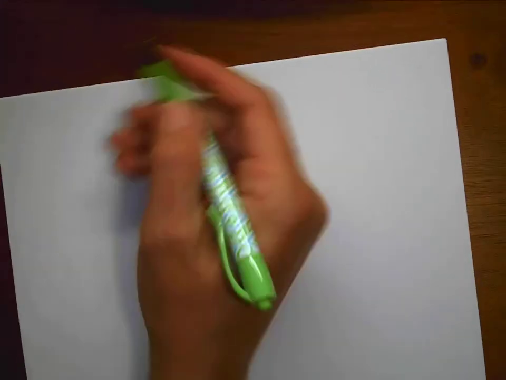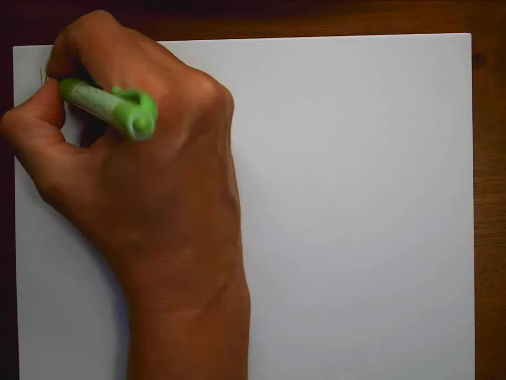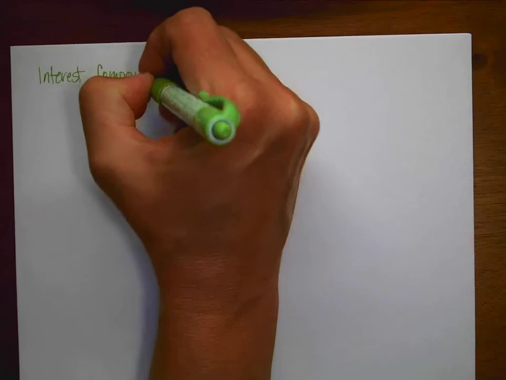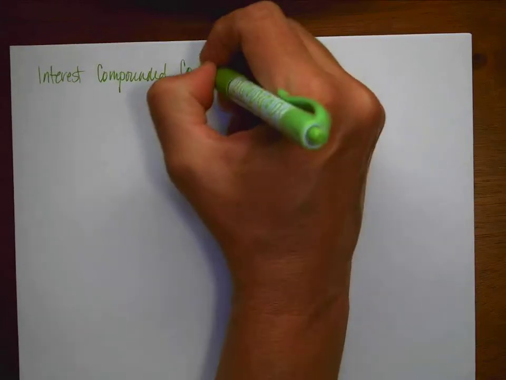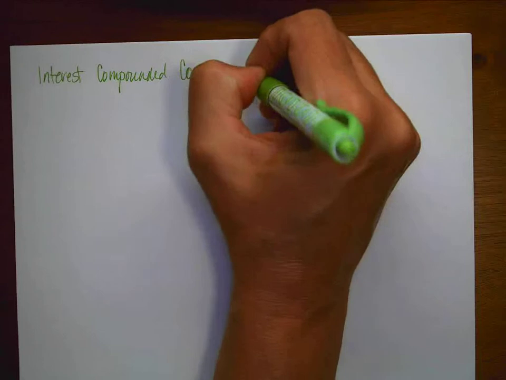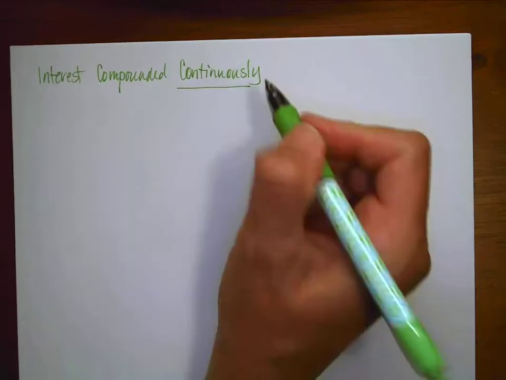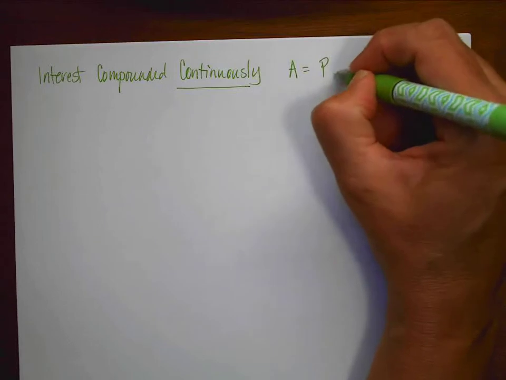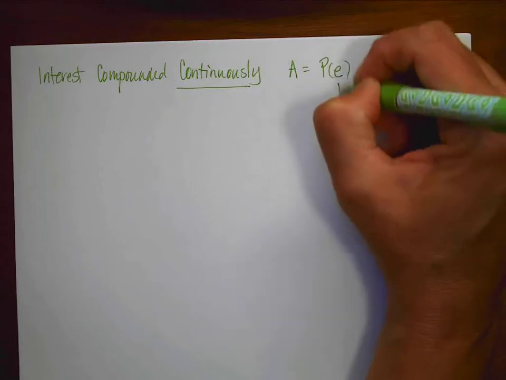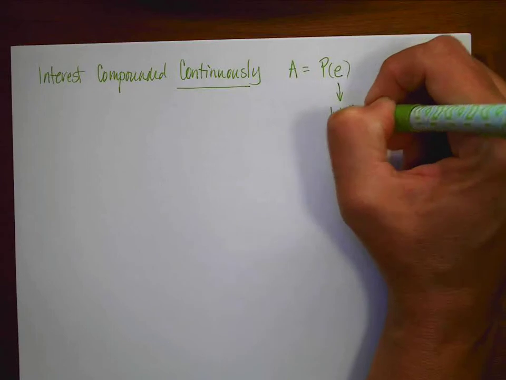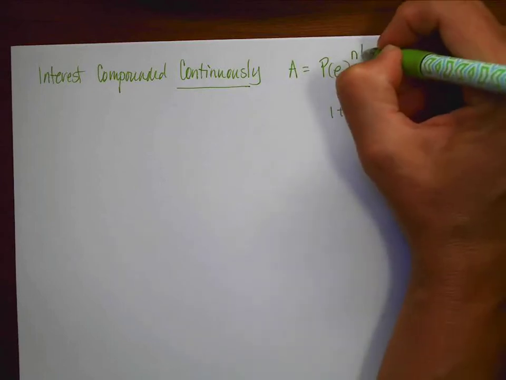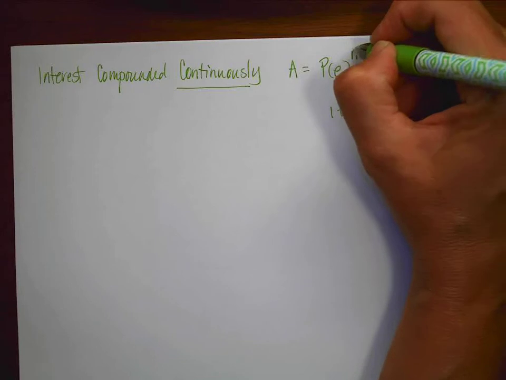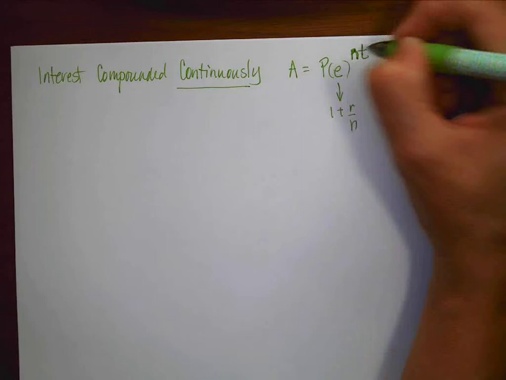Ready? So let's talk about that particular type of interest. That is interest compounded continuously. You will always see this word in these types of problems, and your formula would be A is equal to P E, because this is the 1 plus R divided by N raised to the RT.